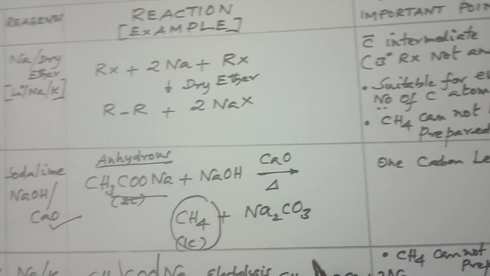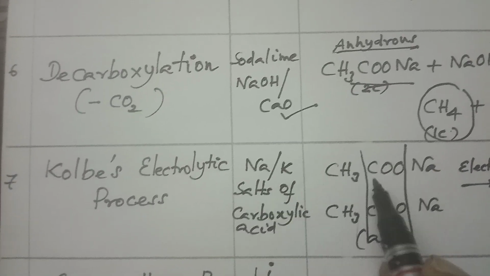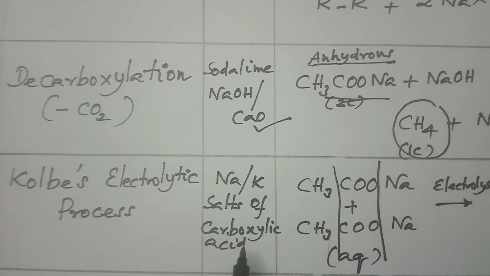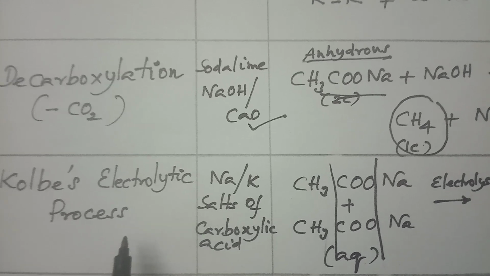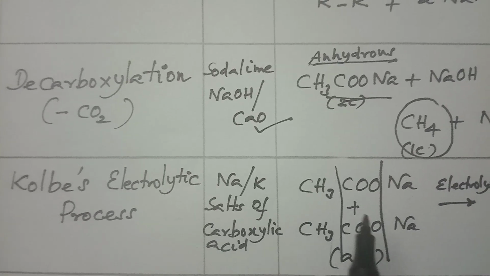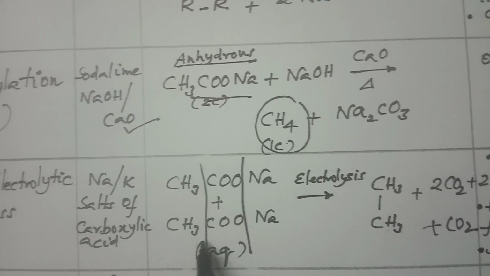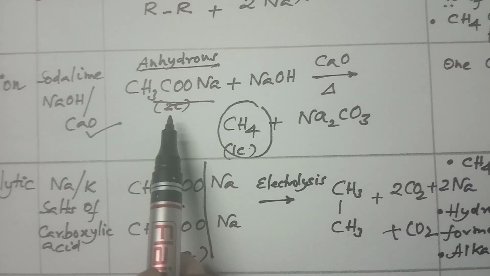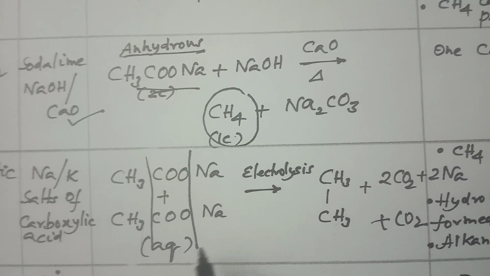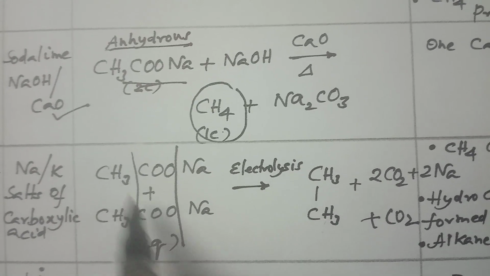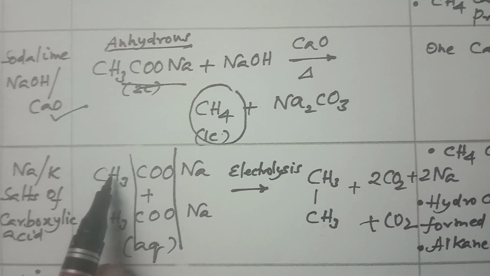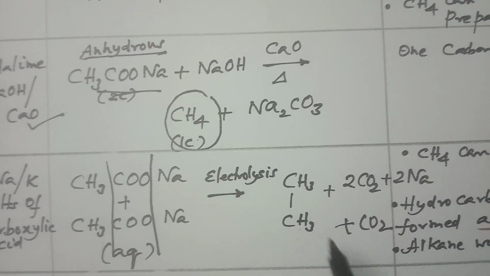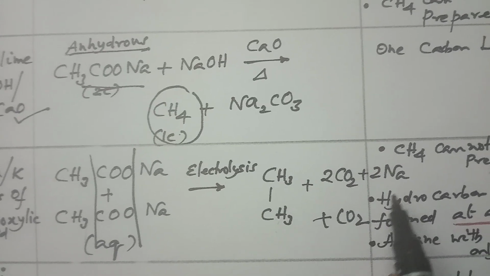Now we are moving to the next. What is written is sodium or potassium salt of carboxylic acid. That indicates it is the Kolbe electrolytic process. The condition here is aqueous, unlike sodium acetate with anhydrous in the earlier case. Followed by electrolysis, the product comes as ethane, carbon dioxide and sodium.